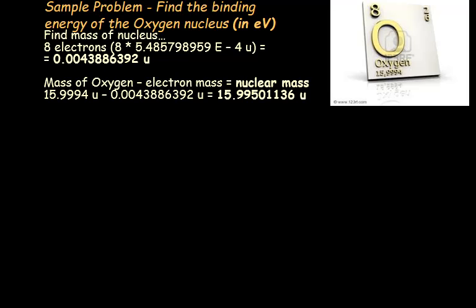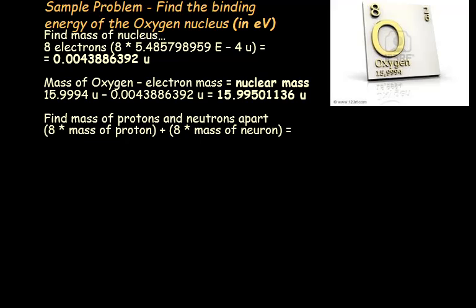Now that we have the nuclear mass, we want to find the mass of the protons and neutrons apart. We have 8 protons and 8 neutrons. We multiply 8 times the mass of a proton plus 8 times the mass of a neutron.